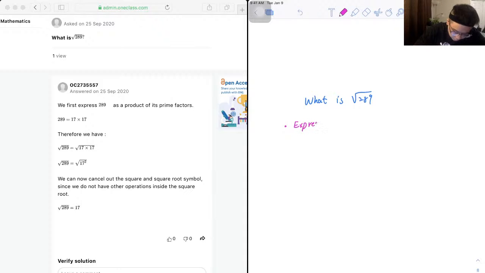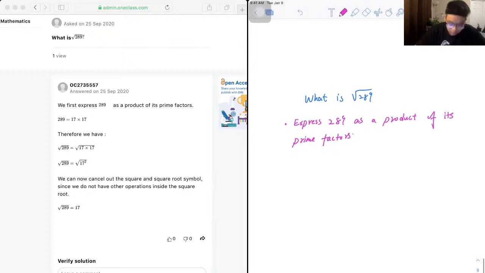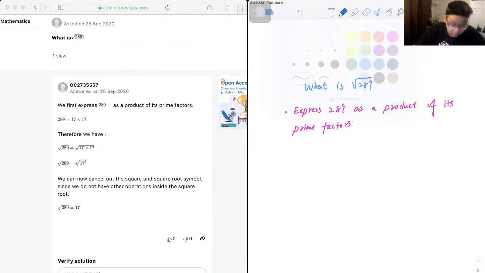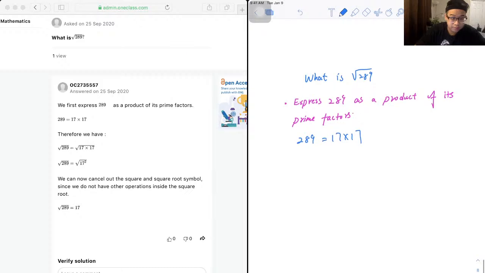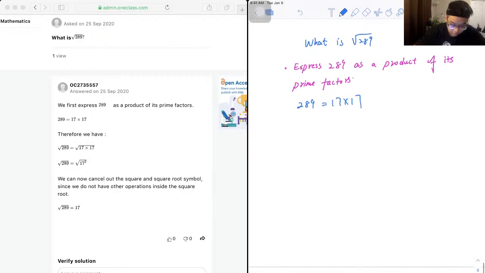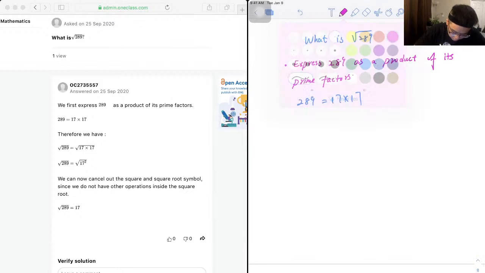Yep. So first, we express 289 as a product of its prime factors, which is given by 289 is equal to 17 times 17. And therefore, we just need to apply the square root.